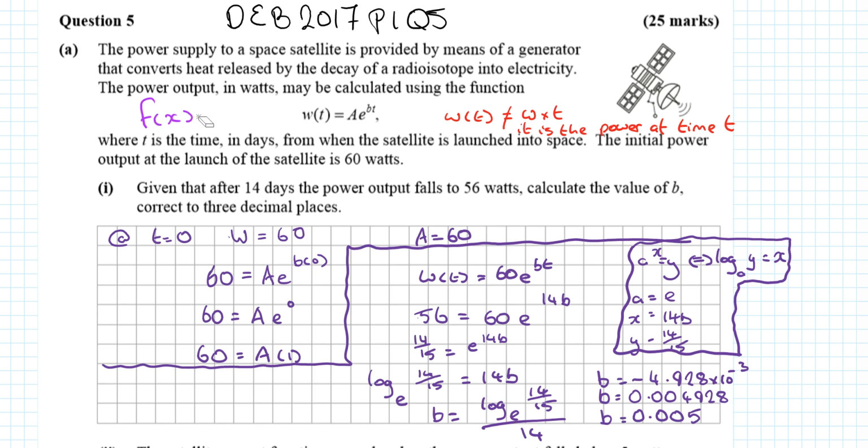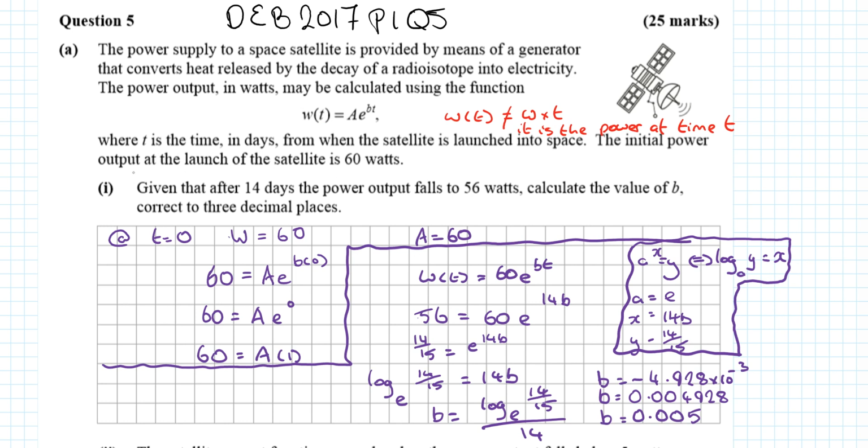It is just the name of a function where x is our variable. Well, in the bracket here is t, so t is our variable. So it's watts in terms of t, would be a nice way to think of it.